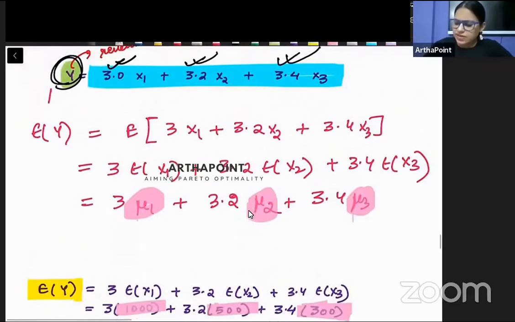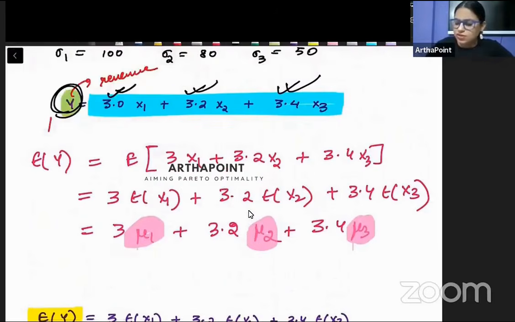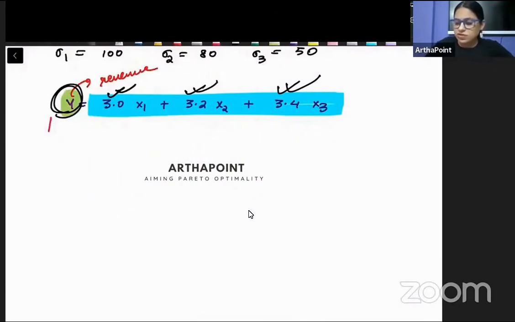तो again it is very simple बच्चे, what is going to be the variance of y, क्या हो जाएगा वेरिएंस ऑफ y?